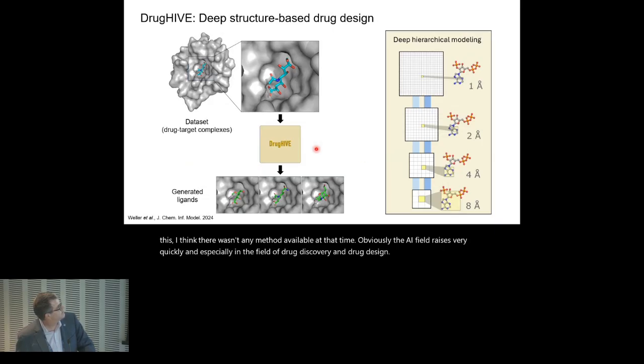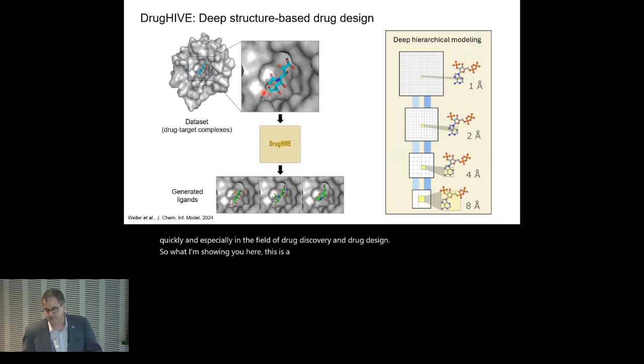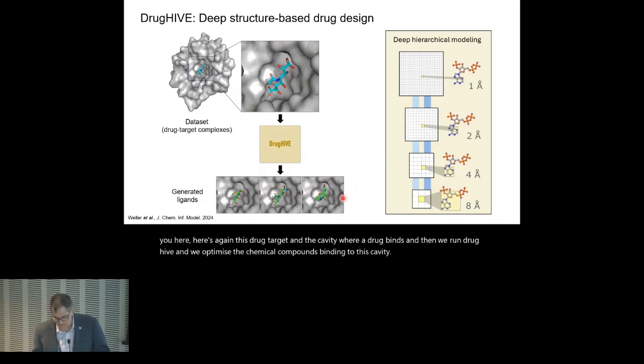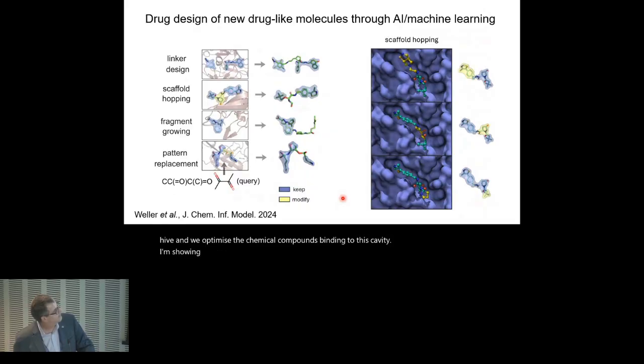So what I'm showing you here is a variational autoencoder architecture. Here's again our drug target and the cavity where a drug binds. And then we run DrugHive and we optimize the chemical compounds binding to this cavity. I'm showing this in the next slide a little better.